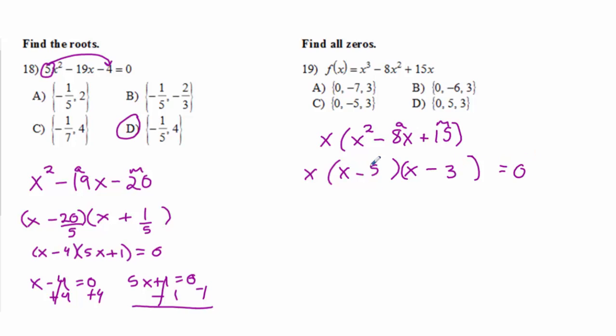So we're trying to find 0, so we set it equal to 0, which means x equals 0, x minus 5 equals 0, and x minus 3 equals 0. So my answers are 0, +5, and +3, because we have to add the 5 over and add the 3 over. So that's D. D as in Delaware.